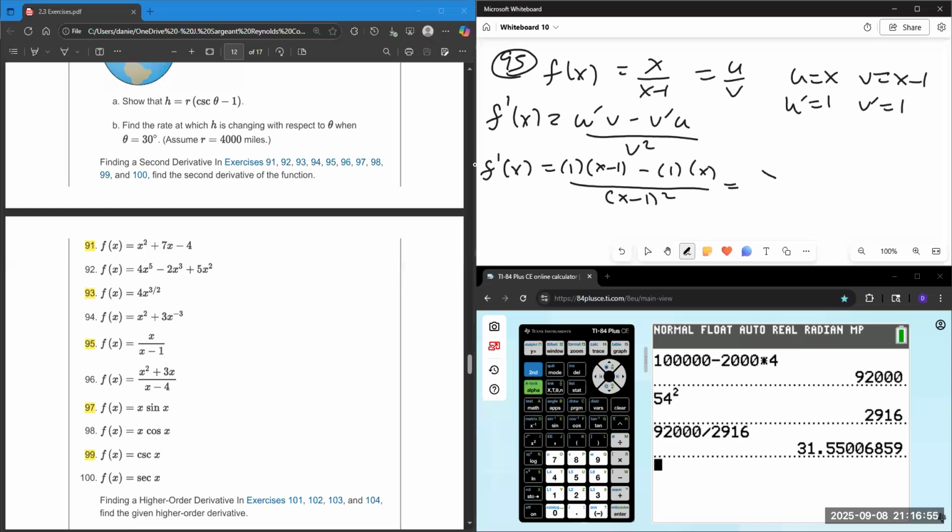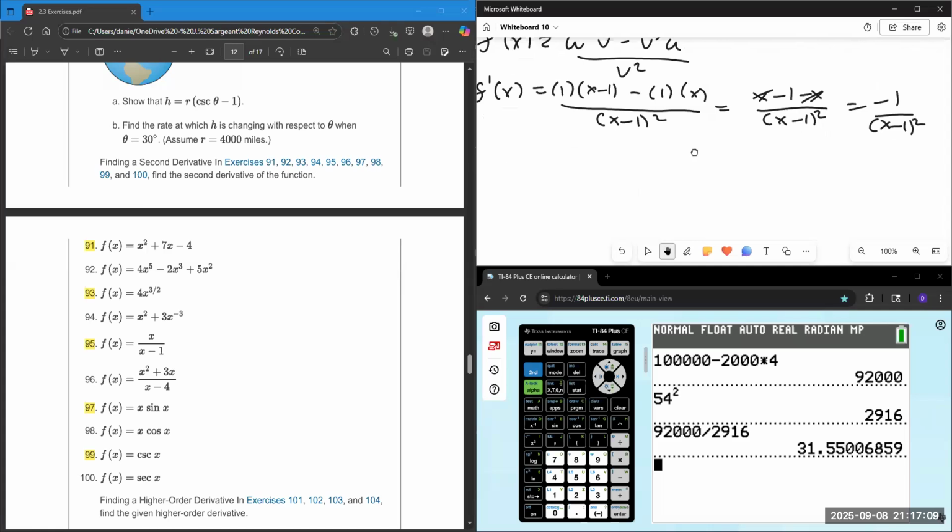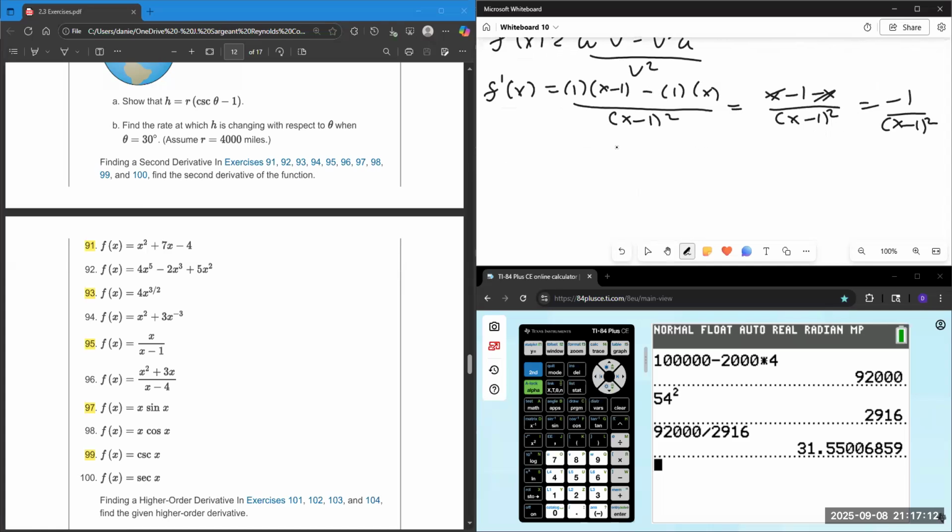x minus 1 minus x over x minus 1 quantity squared is a negative 1 over x minus 1 quantity squared. And we'll go ahead and write f prime of x is equal to negative x minus 1 to the negative second.